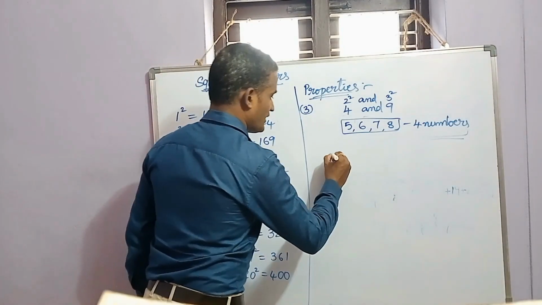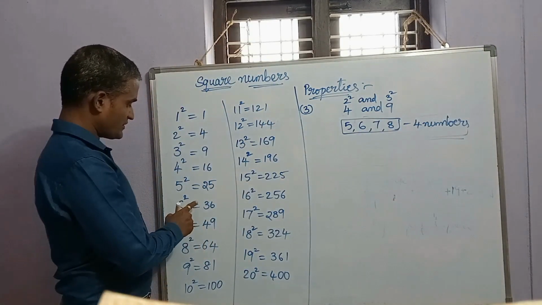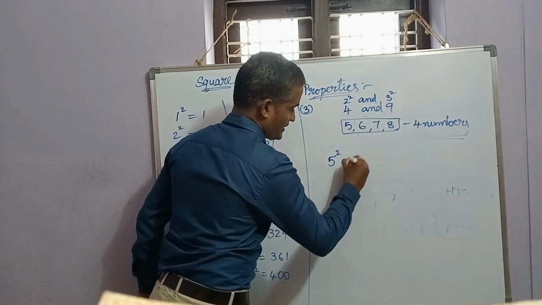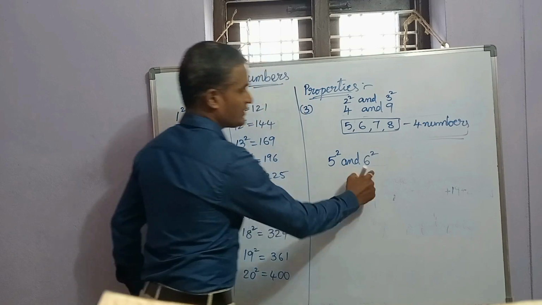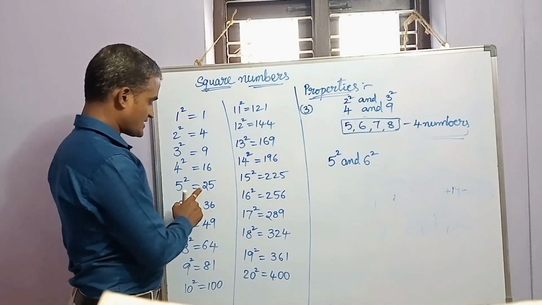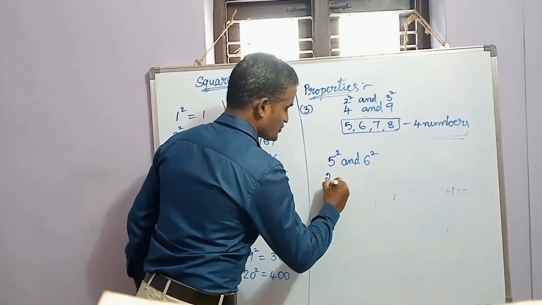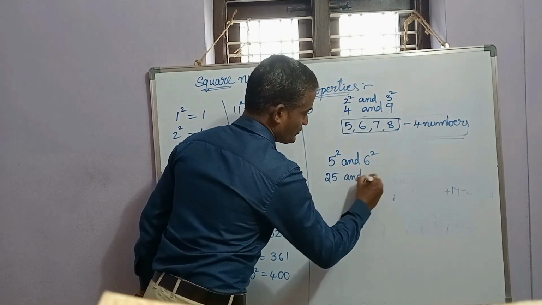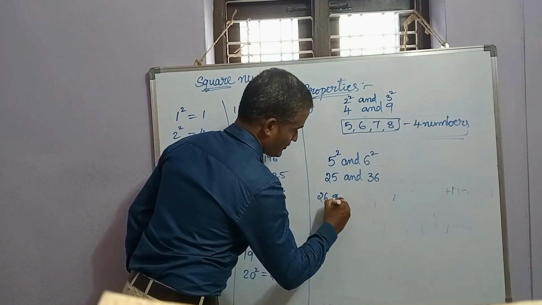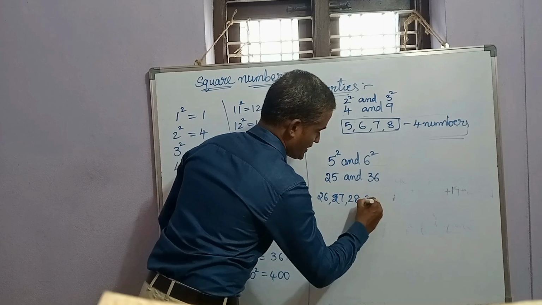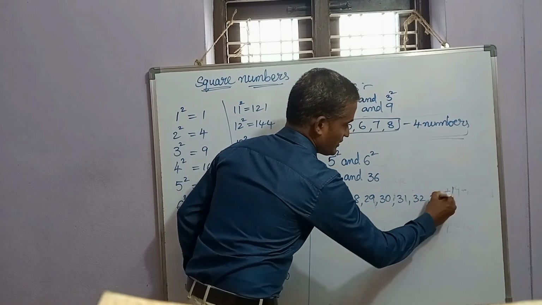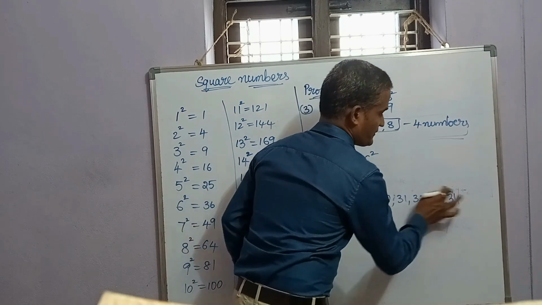Okay, if I ask you now the numbers between 5 square and 6 square, how many numbers are there in between them? 5 square is 25 and 6 square is 36. You observe 26, 27, 28, 29, 30, 31, 32, 33, 34, 35.